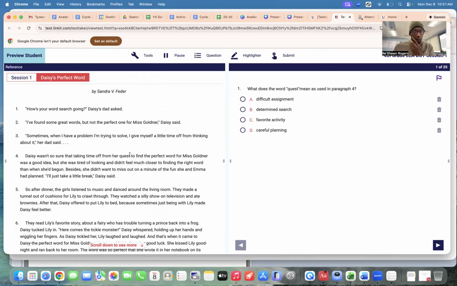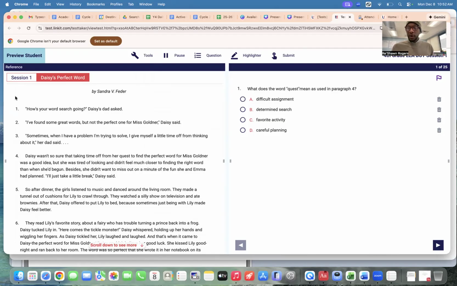It talks about a quest to find her perfect word. Okay, I think I found my evidence. So I'm going to go ahead and write my evidence down on my paper too. Now I have my evidence written down and I have my claim written down as well.